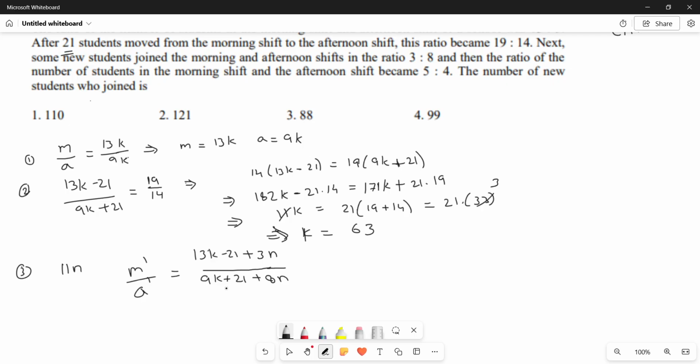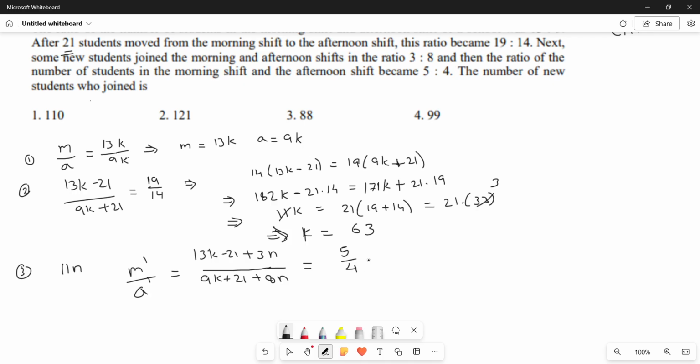Why did we write 3n and 8n? Because that's how they have joined, in the ratio 3n to 8n, and the total is 11n. Once we know n, we can identify the number of new students that have joined, and this ratio is equal to 5 by 4 as given.